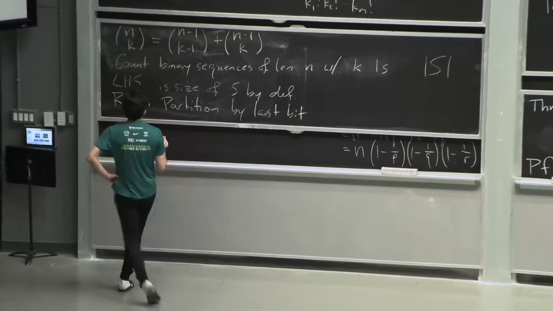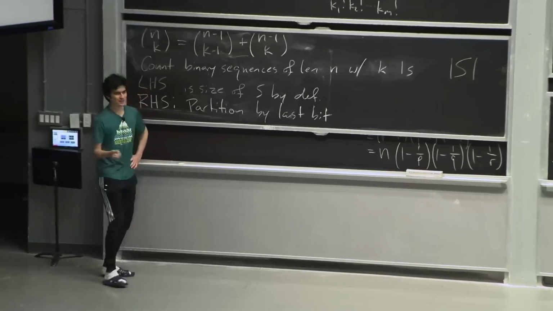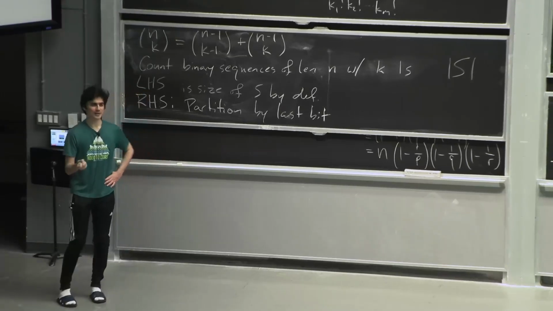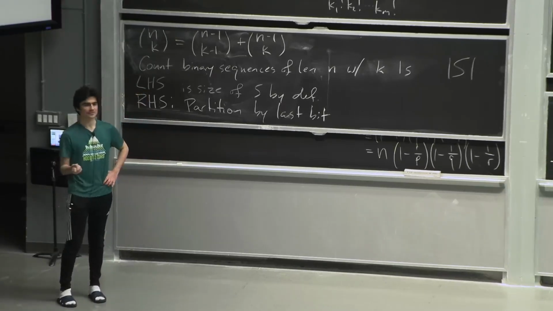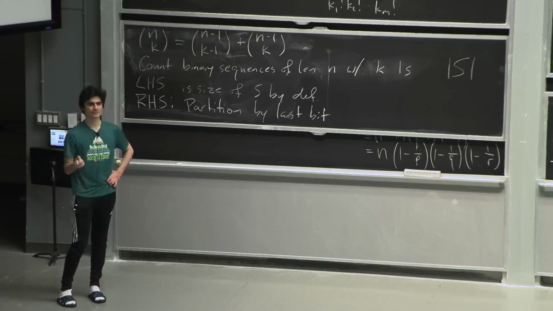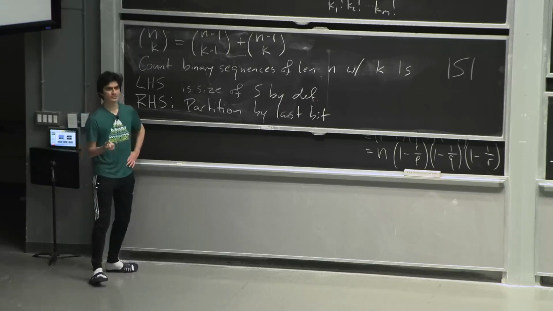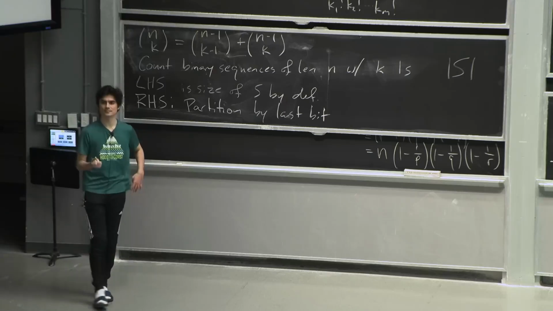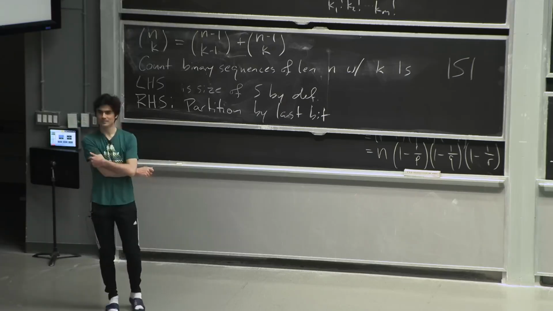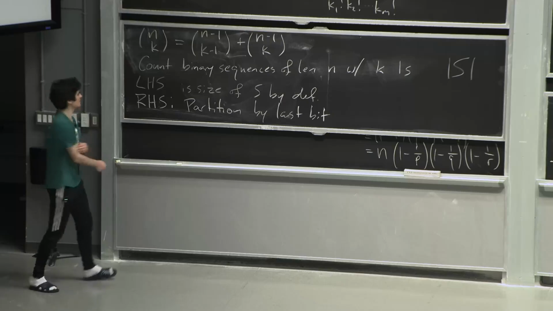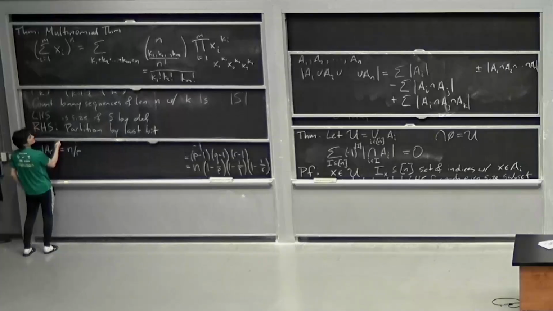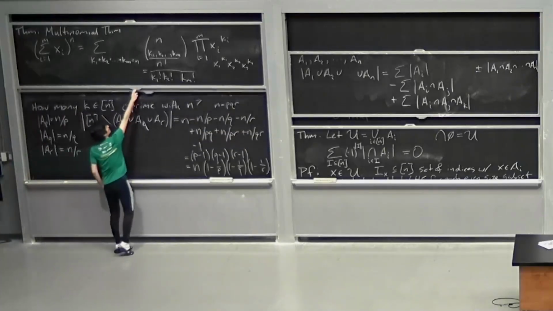So how many length n sequences with k 1s have a 1 at the end? The answer was n minus 1 choose k minus 1.